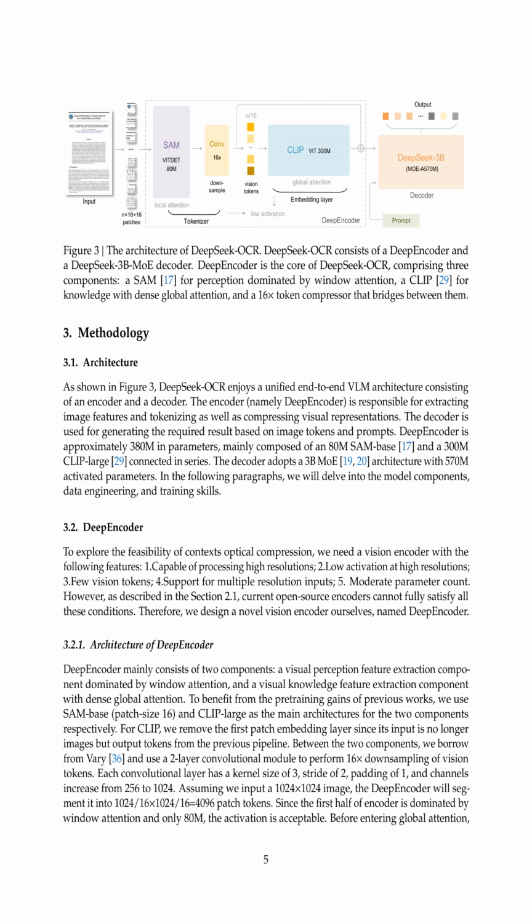For CLIP, we remove the first patch embedding layer since its input is no longer images but output tokens from the previous pipeline. Between the 2 components, we borrow from Vary and use a 2-layer convolutional module to perform 16x downsampling of vision tokens. Each convolutional layer has a kernel size of 3, stride of 2, padding of 1, and channels increase from 256 to 1024.